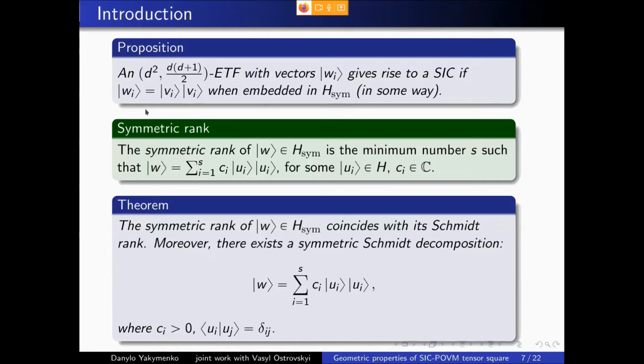And if all vectors, when we embed them in a symmetric subspace, are actually simple tensors, then it trivially follows that the Vi should form a SIC, right? So we can say that every SIC comes from an ETF of this type with this property.